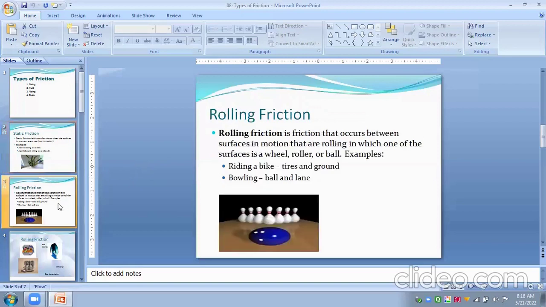Then we have rolling friction. Rolling friction is friction that occurs between surfaces in motion, where the relative motion is rolling, in which one of the surfaces is a wheel, roller, or ball. For example, riding a bike, tire and ground, ball and lane in ball bearings, or fan bearings, balls and race cages.